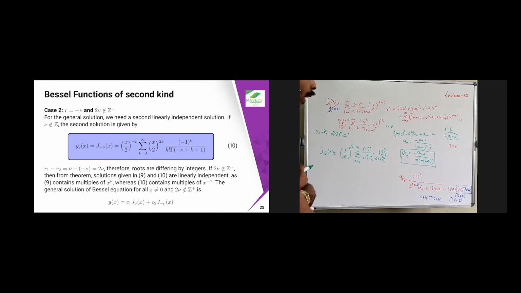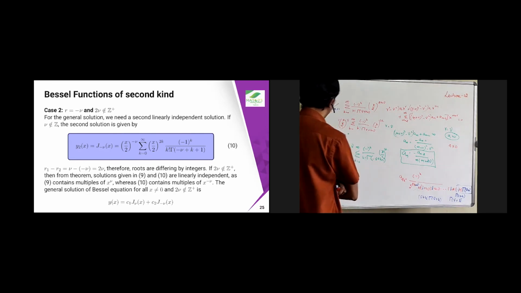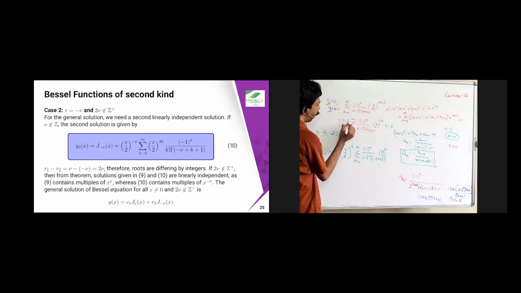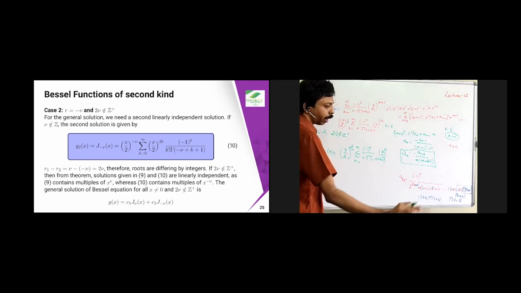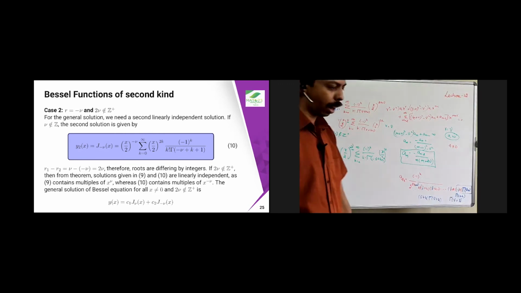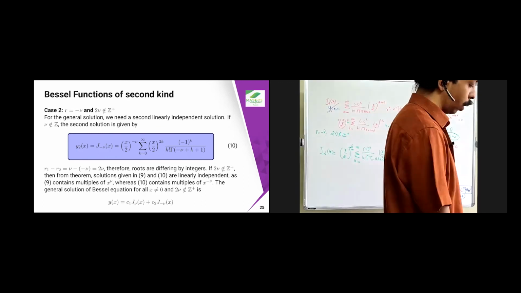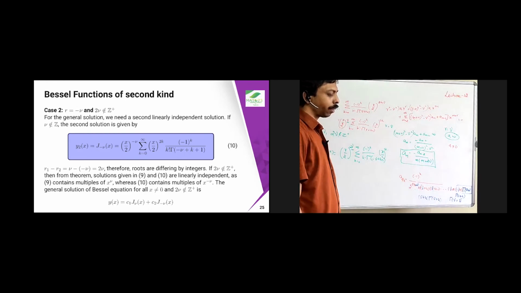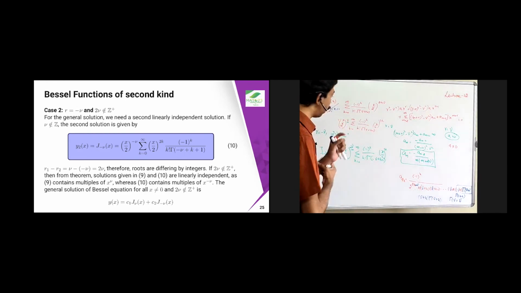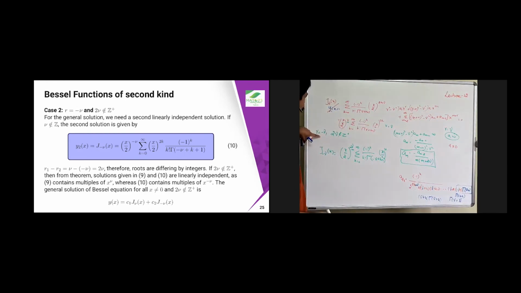Here you can see that these two are independent solutions, because here I have nu and here I have minus nu. Therefore, this cannot be generated by that one, nor that one by this one. Completely independent means one cannot be generated by the other. So these two are linearly independent solutions, provided 2 nu does not belong to Z plus.